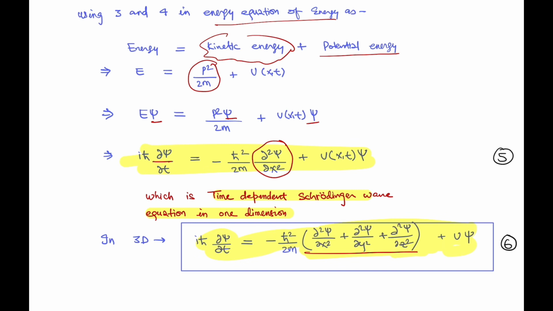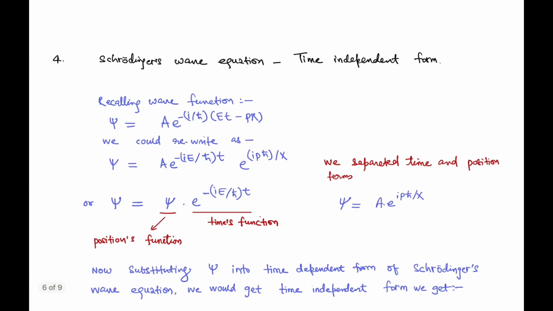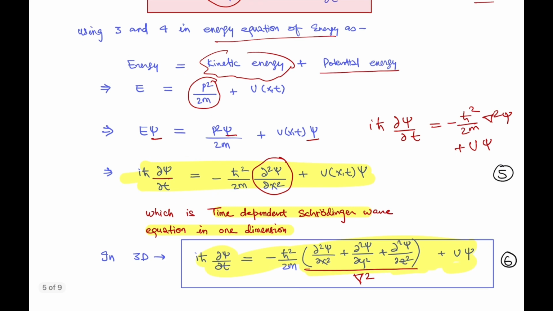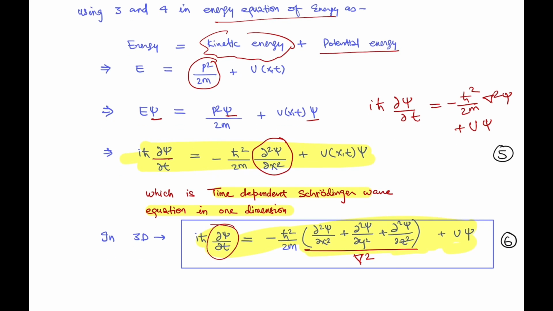One must remember that in that format, it is iota h bar d psi by dt equal to minus h bar square upon 2m, the Laplacian of psi, plus potential multiplied by psi. That is the wave function. And this is a time dependent equation because we have some quantity which involves time.